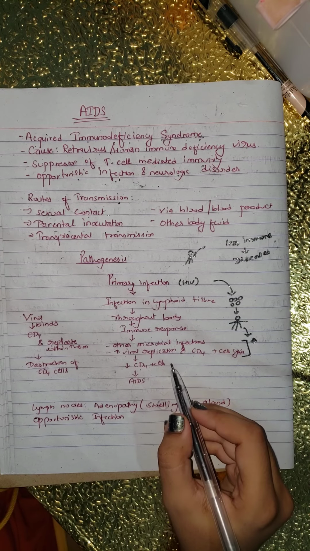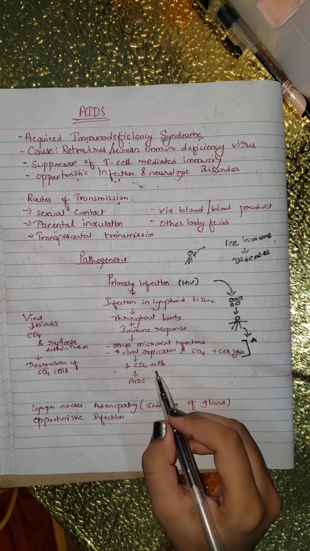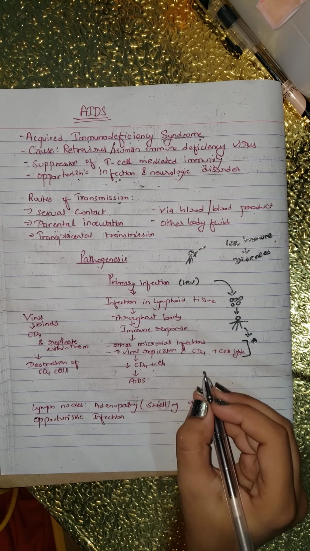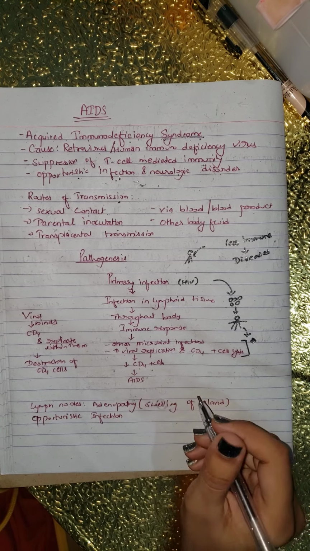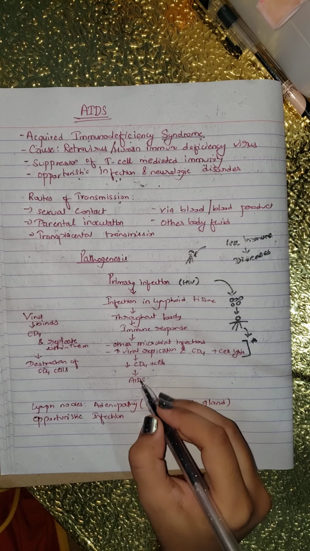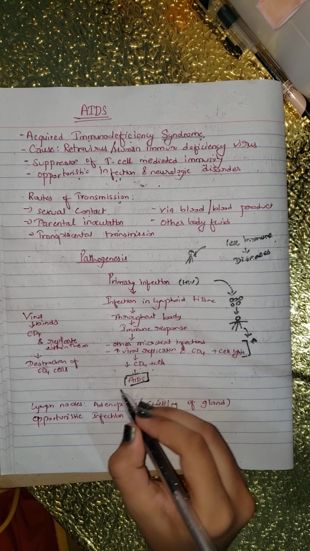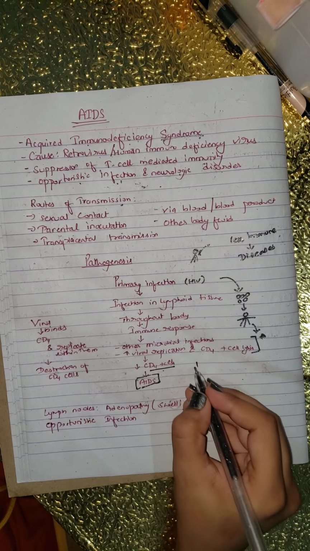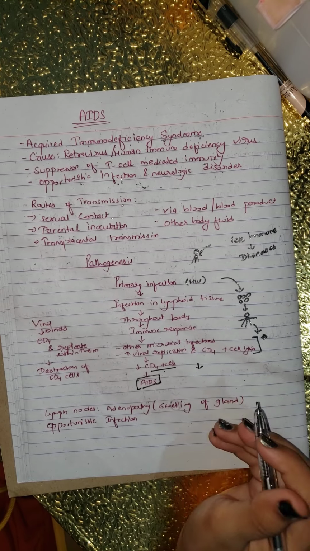Then after a certain time we can see depletion in CD4 cells. There are very few CD4 cells in our body. Then it causes AIDS. So there is one question: how are CD4 cells less than the normal range in AIDS?